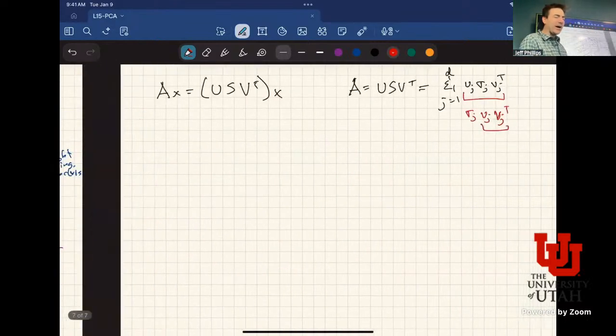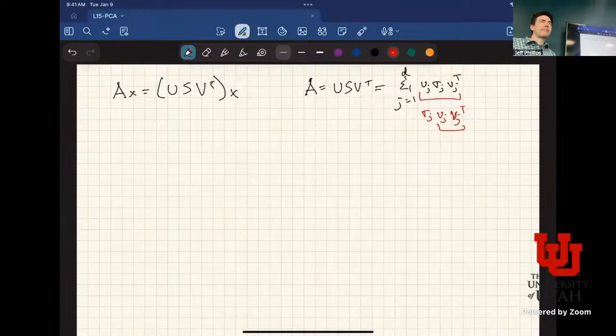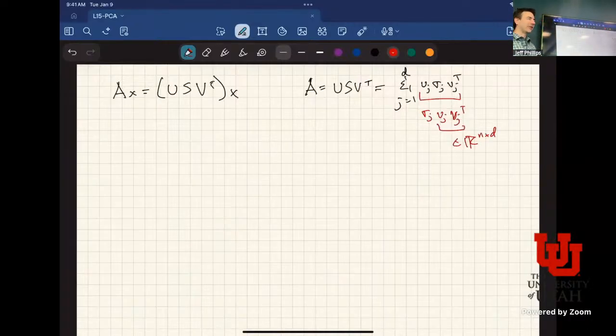So how can I multiply together an n-dimensional vector and a d-dimensional vector? It's an outer product. It's not an inner product, which is a dot product. It's an outer product. So this term lies in R^(n by d). This is an outer product of two vectors.